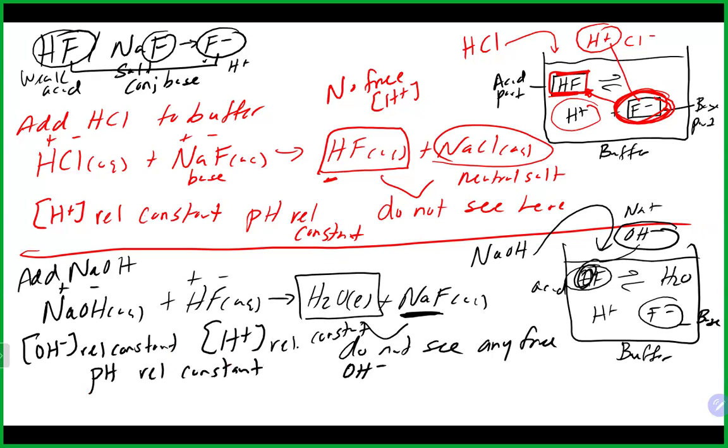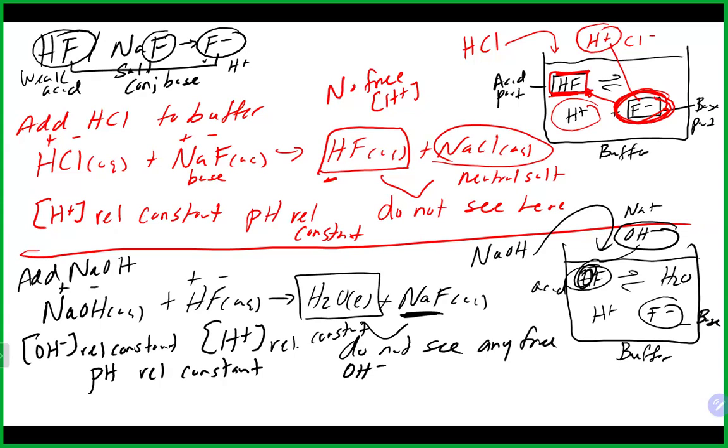Again, if you're following the pH here, you will see the pH go up a little bit, but not a giant jump in pH. So ultimately, the way a buffer works is because it has both of those things in the solution to begin with. The buffer itself has the acid part of the buffer and the base part of the buffer.